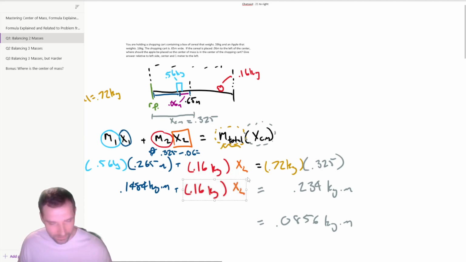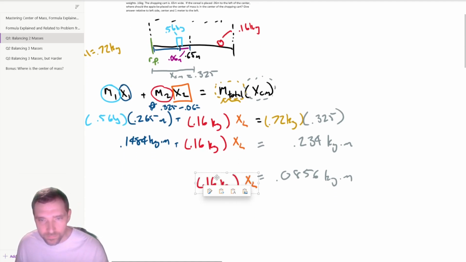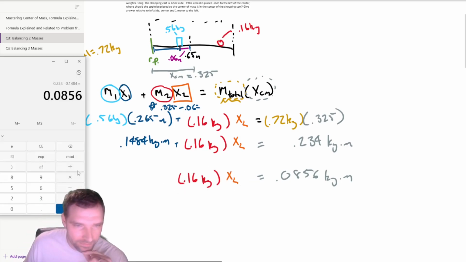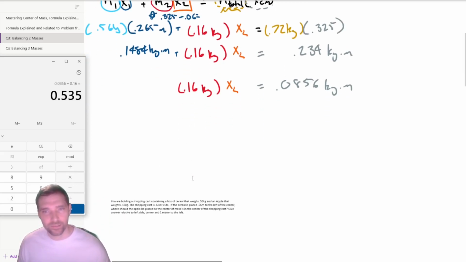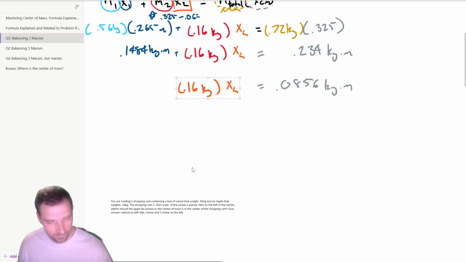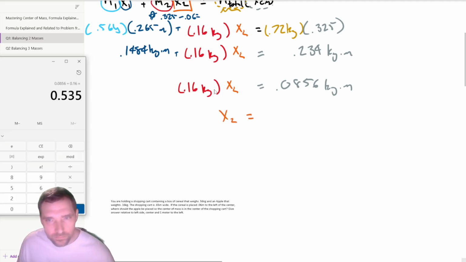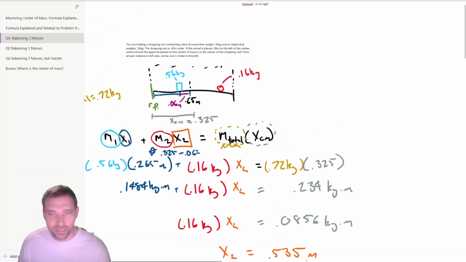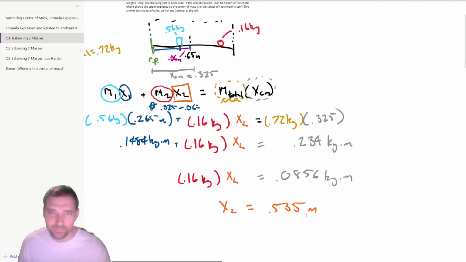And then we've got our number here. So we divide that by 0.16, and we'll get an answer of 0.535 meters.